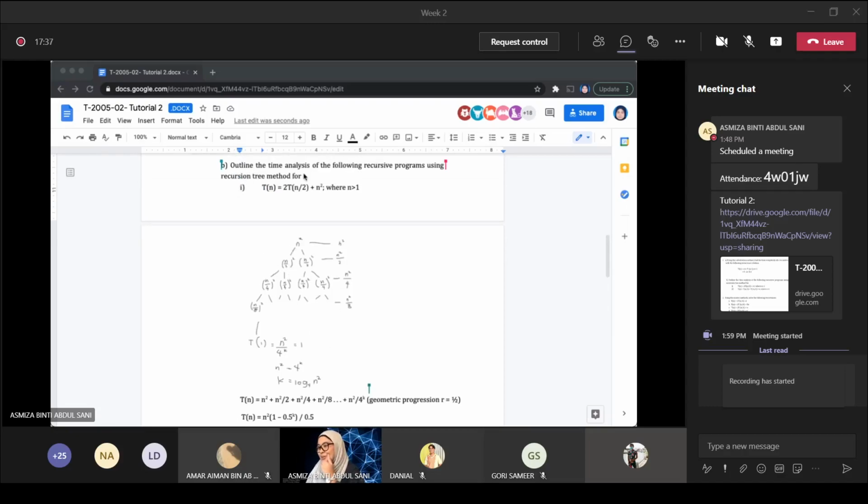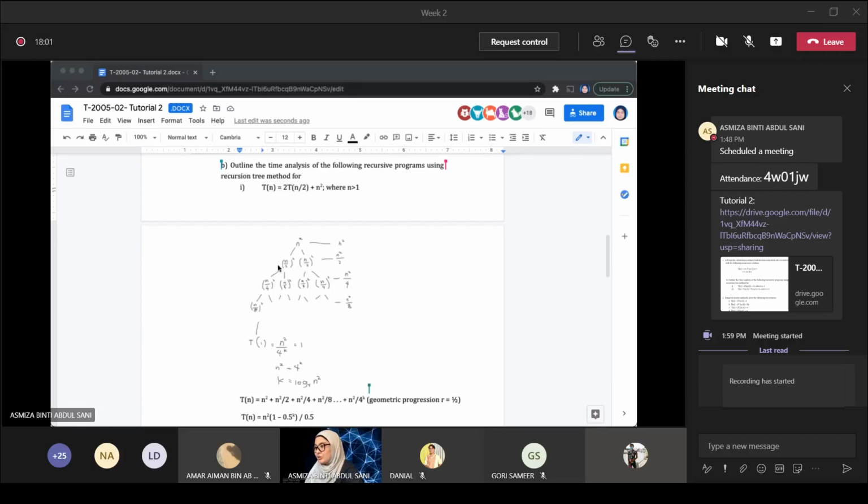So what this means is that we have this n over 2 branch. And this would be the work done at each level. Level 1 would be n squared. The thing that is going to be completed is n squared, and there will be two recursive calls of n over 2.